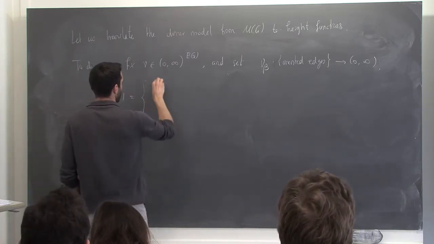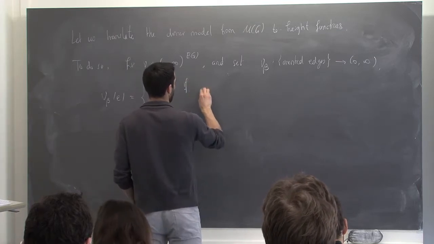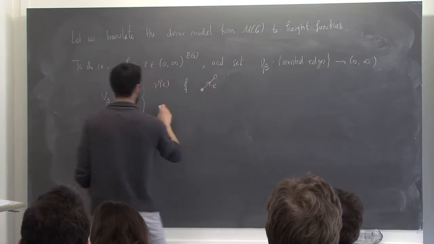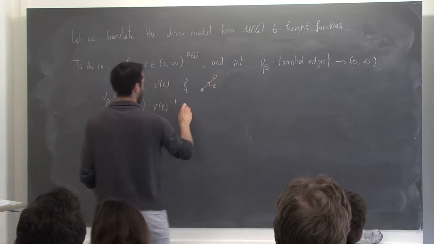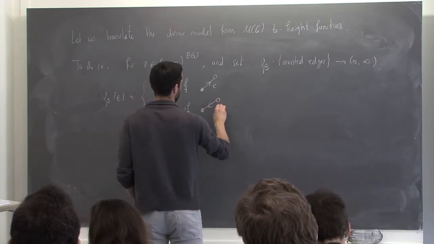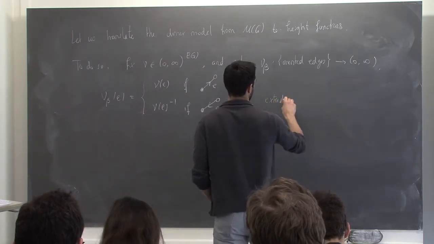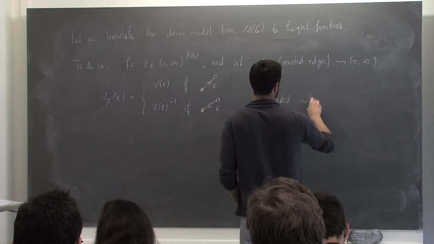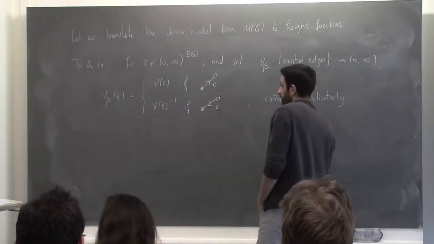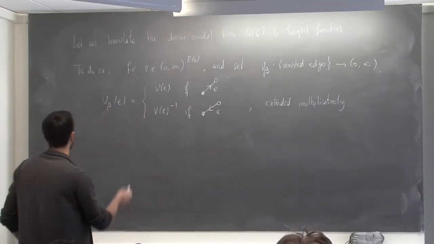It will be the weight of the corresponding edge if the edge is oriented from white to black, which was our bipartite orientation, and the inverse in the other case. And I will extend this multiplicatively.